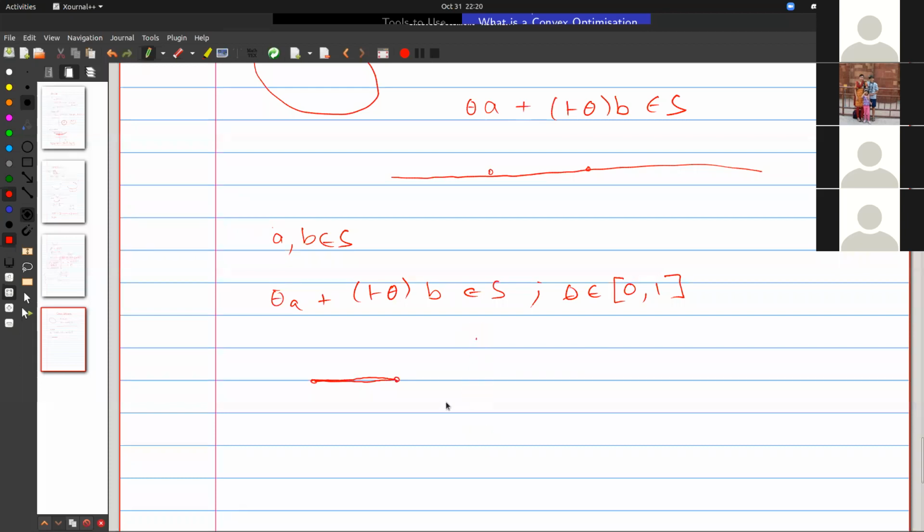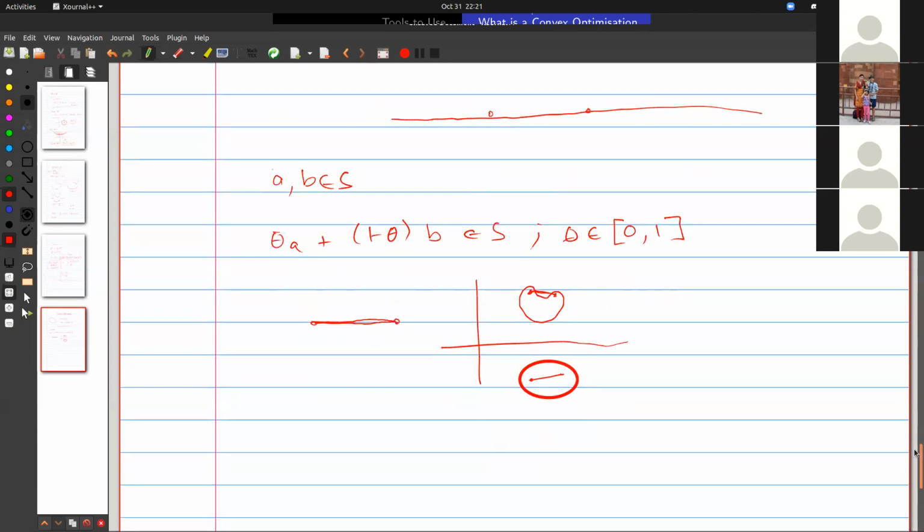In R2, a convex set would look like this. However, this is non-convex because at two points lying at the ends, the points in between are not in the set, which is allowed here. So that is what convex sets are.